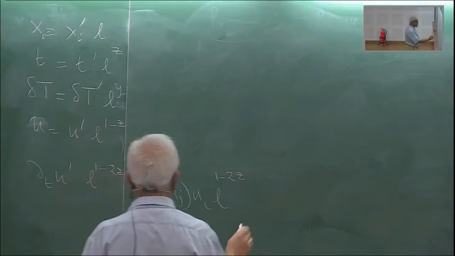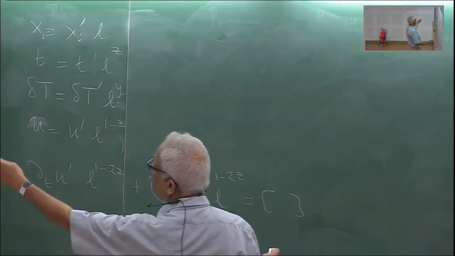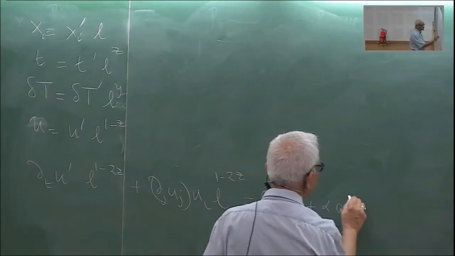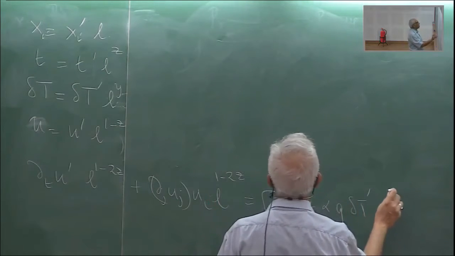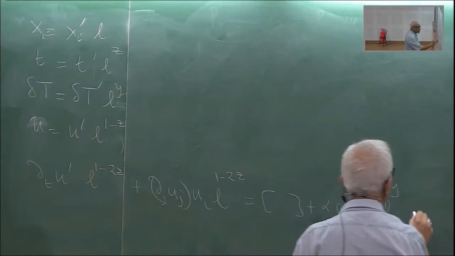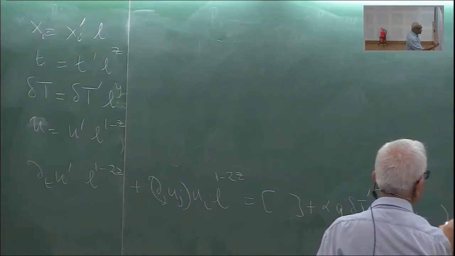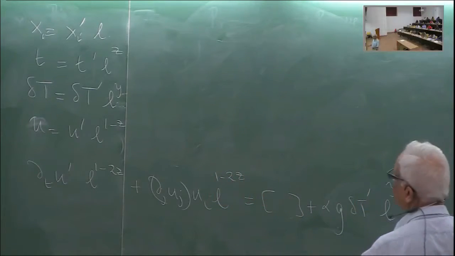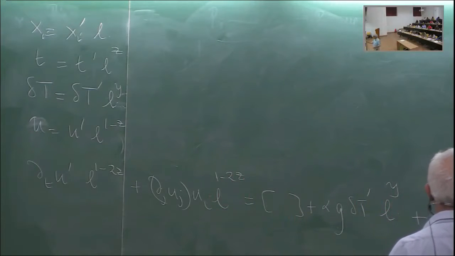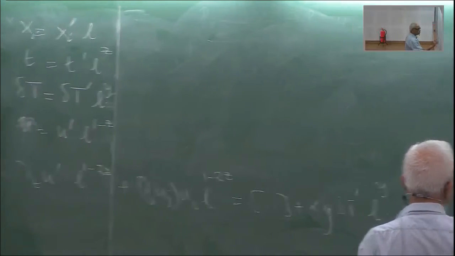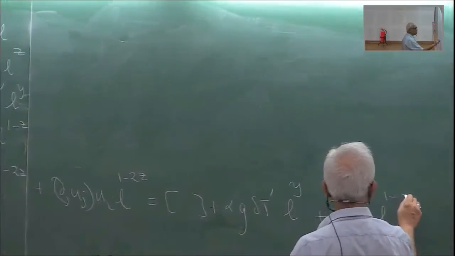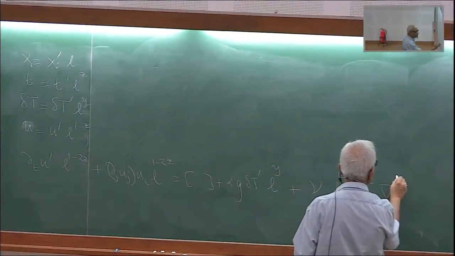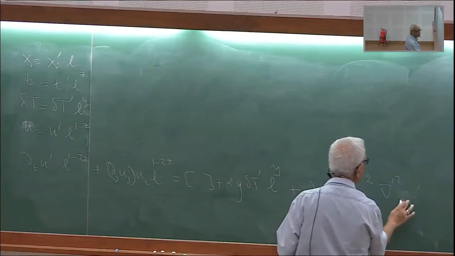The pressure, which has to, and now I need to do this one carefully, plus alpha g delta T prime L to the power y, and this, which we have already done, is nu into L to the power 1 minus z, minus 1 minus z and minus 2 from that, and it is del prime square u_i prime.